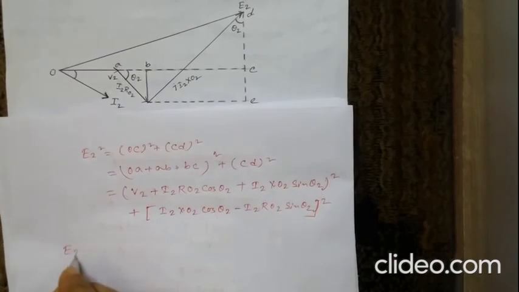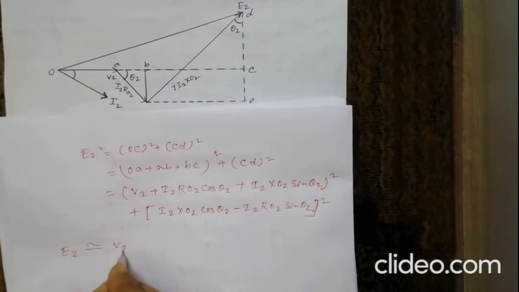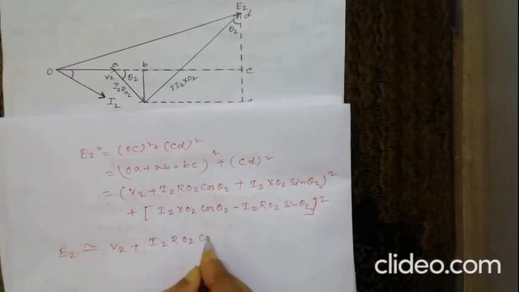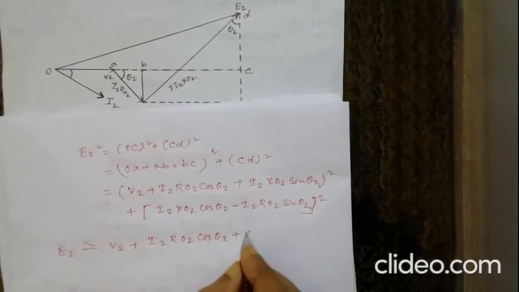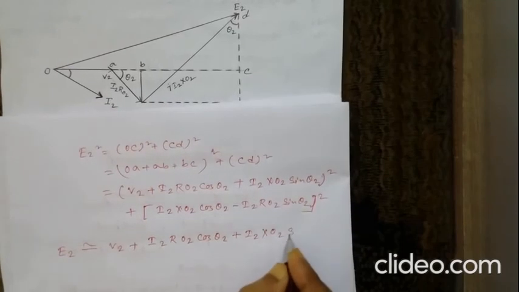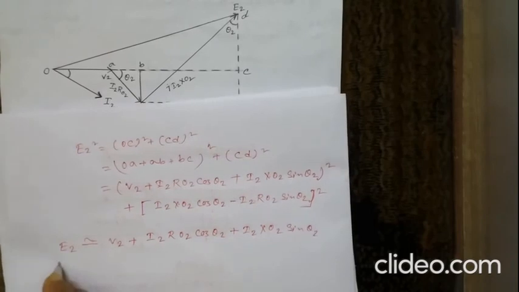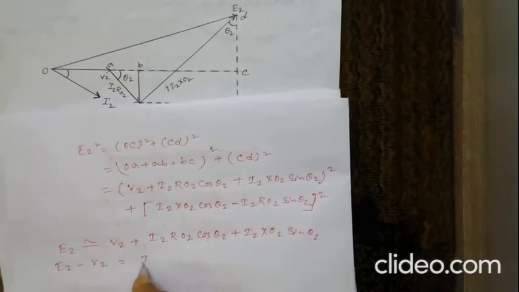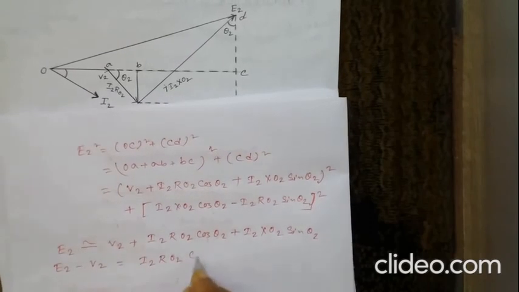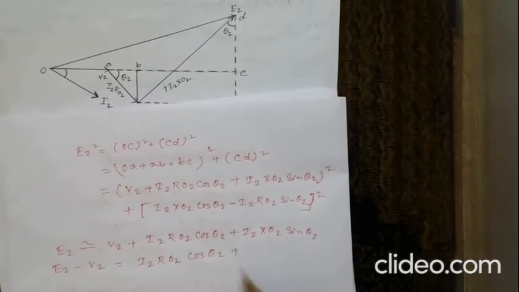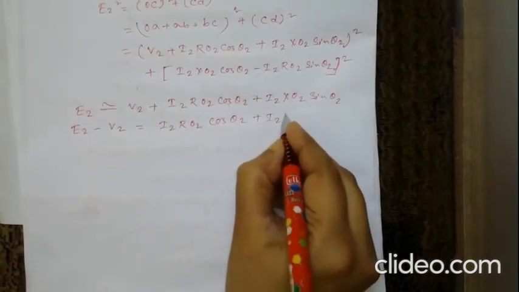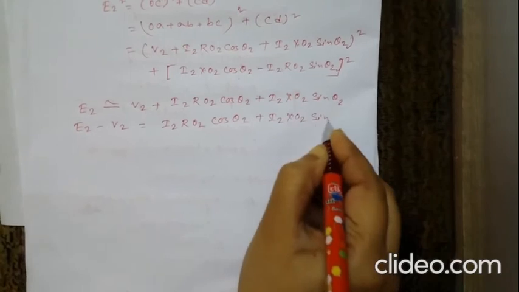So we can write E2 nearly equal to V2 plus I2 R02 cos theta 2 plus I2 X02 sin theta 2. So E2 minus V2 is equal to I2 R02 cos theta 2 plus I2 X02 sin theta 2.